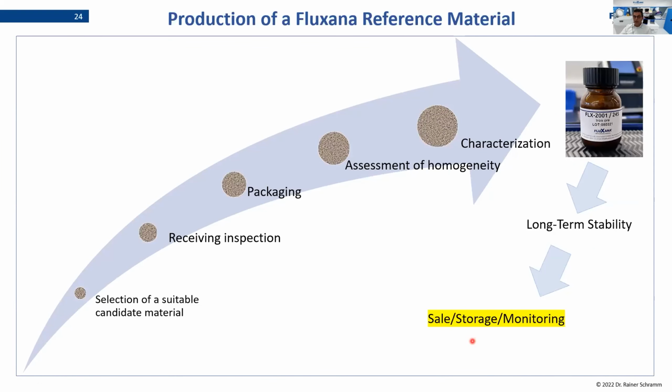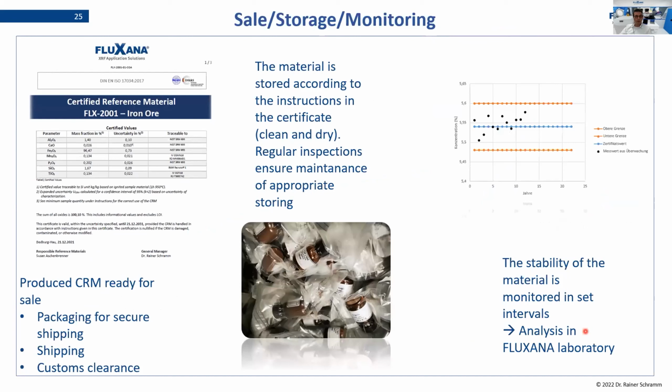Then, finally, when this is all done, it comes to sell this material and make it public. So first of all, there has to be a certificate established. In the certificate, of course, you must find the characterized values, the corresponding uncertainty, and how traceable the material is.